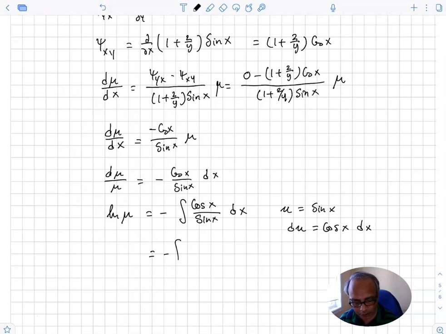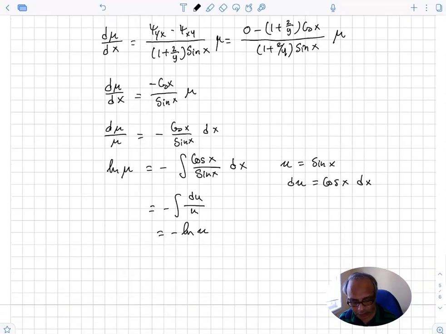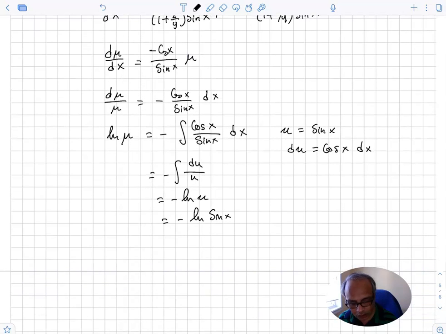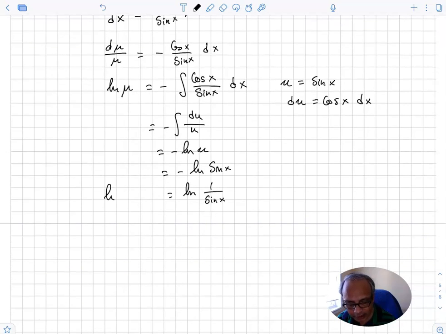So the integration is going to be du by u, minus ln of u, equals minus ln of sine x, or you can write ln of 1 by sine of x. So on the left hand side, just write down for clarity ln of mu. So ln of mu equals ln of 1 by sine x, meaning that mu is 1 by sine x.